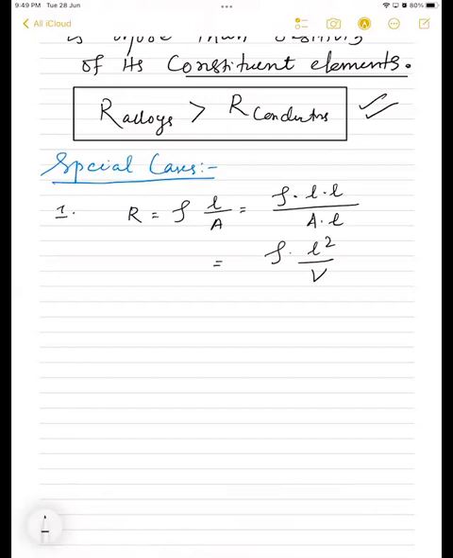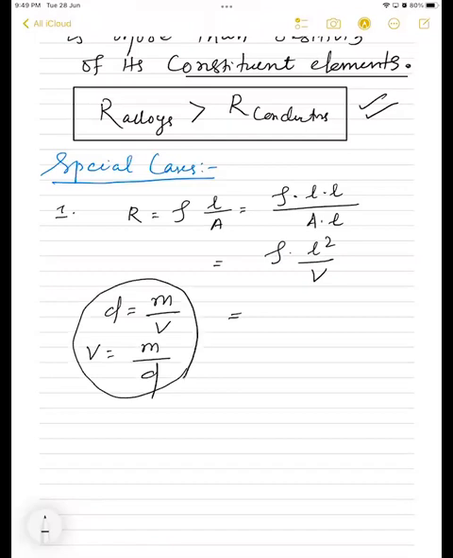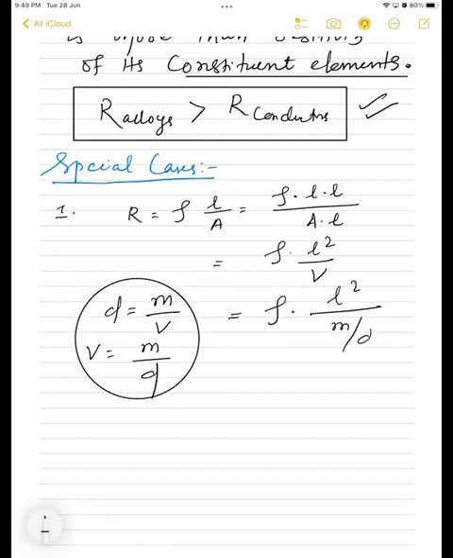Next, students, density is equal to, I'm writing D because rho I have already used for resistivity. So density is equal to mass by volume. So in place of volume, what can you write? Mass by density. So here you write resistivity rho into L square divided by mass by density.